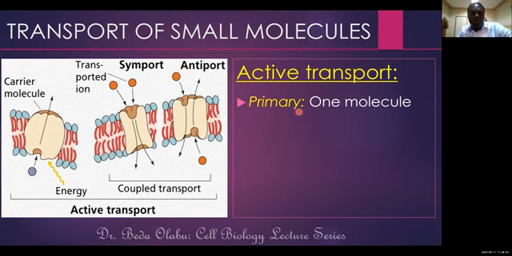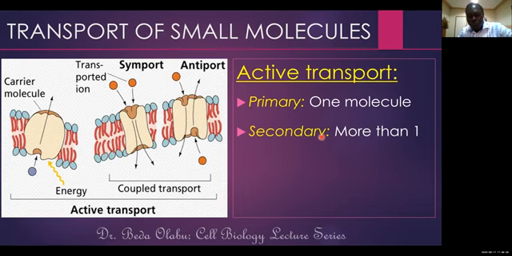However, if we are moving more than one molecule, then we'll call it secondary active transport. If you're moving more than one molecule against their concentration gradients, we want to know whether these multiple molecules are moving in the same direction, like this one, or in opposite directions, like these two.